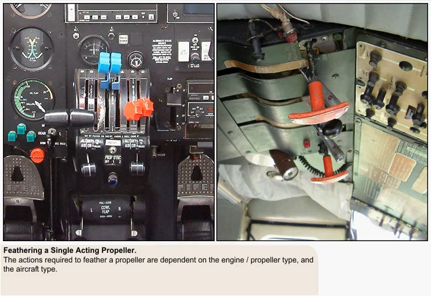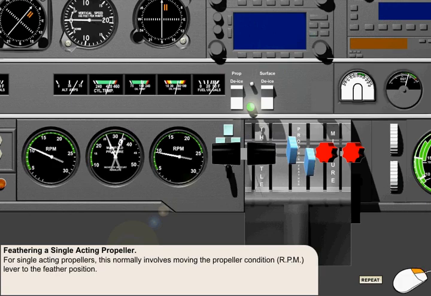The actions required to feather a propeller are dependent on the type of engine and propeller combination and the type of aircraft they are installed in. For single-acting propellers, this normally involves moving the propeller condition lever, or RPM lever, to the feather position.